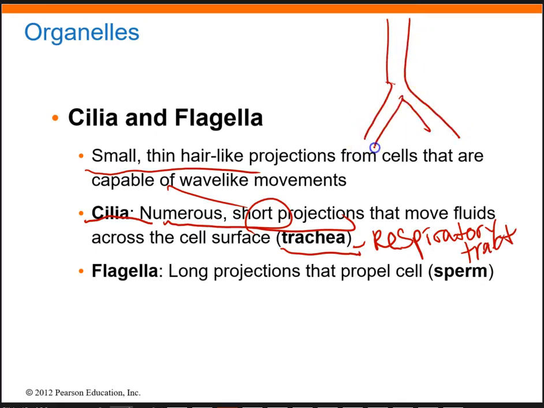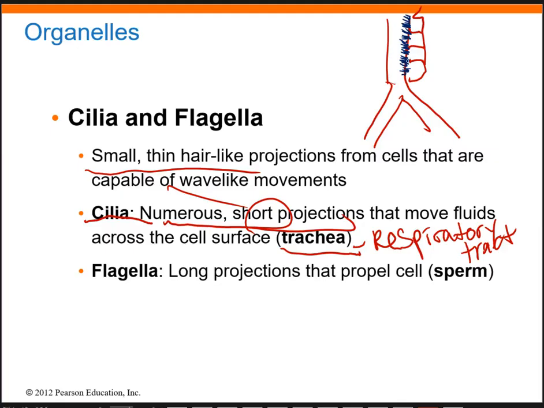So we have these tubes that bring air down into our lungs like this, and the cells that line these tubes have tons of cilia on their surface. When you look at it under the microscope, it actually looks like shag carpet.